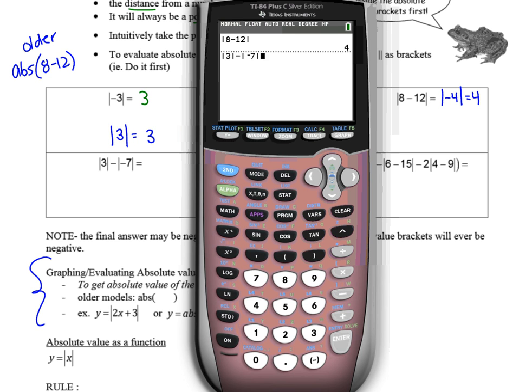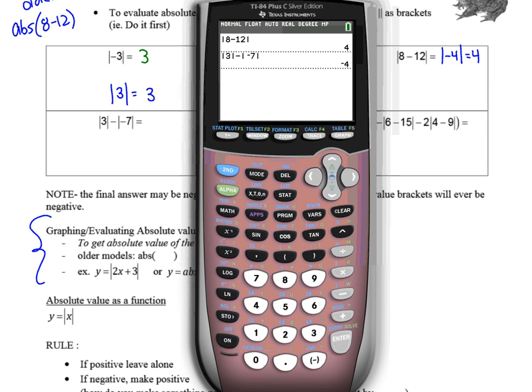So that's how that would look, which equals negative 4. Do we agree with that? Let's think about this. What's the absolute value of 3? 3. Minus, what's the absolute value of negative 7? Just 7. 3 minus 7? Negative 4. Okay?